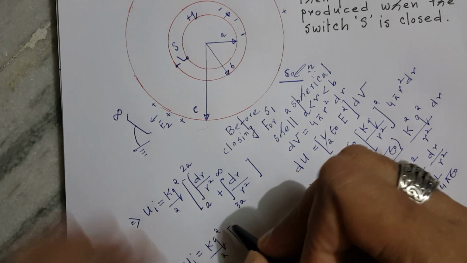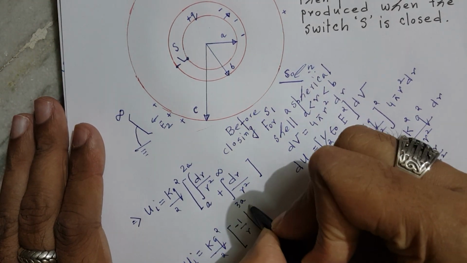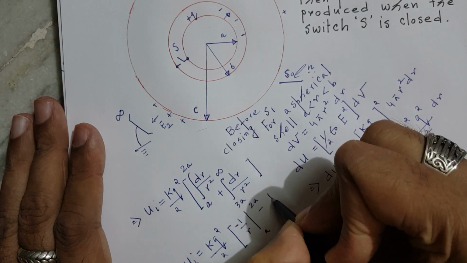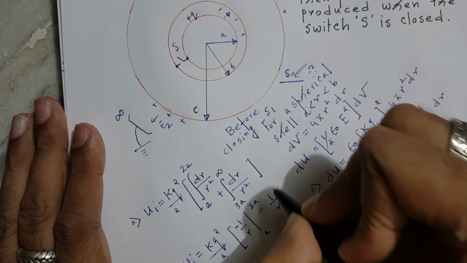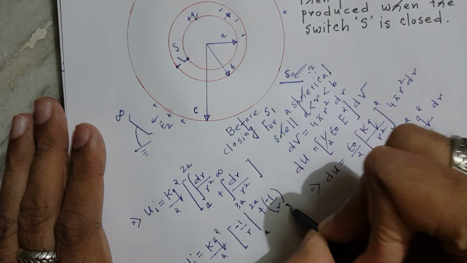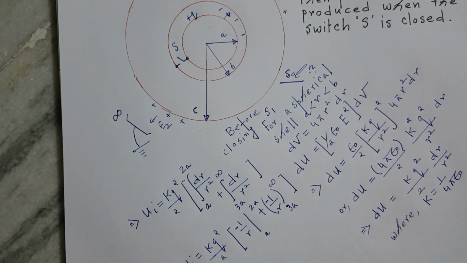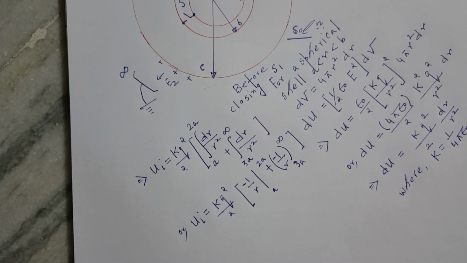So it is minus 1 by r, a to 2a, minus 1 by r. We can write plus of minus 1 by r, 3a to infinity. So if you solve it, how much will you get?